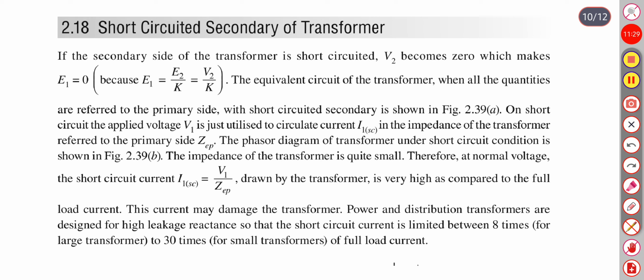On short circuit, applied voltage V1 is just utilized to circulate the short circuit current I1SC in the impedance of the transformer referred to the primary, ZEP. The phasor diagram for short circuit is shown in another figure.